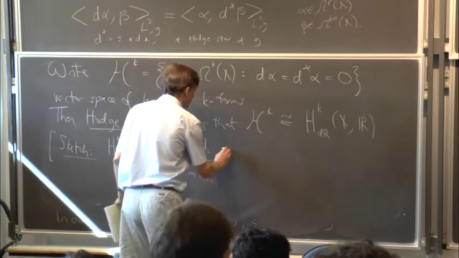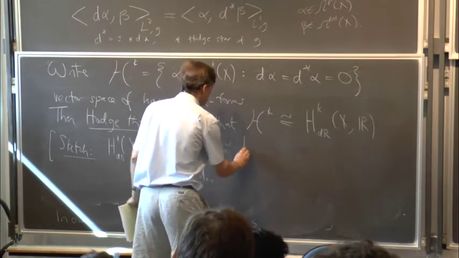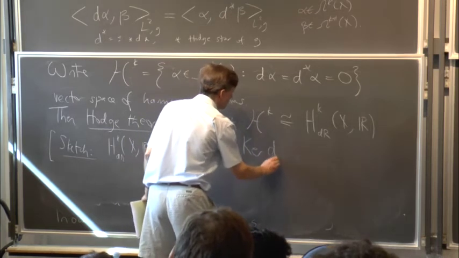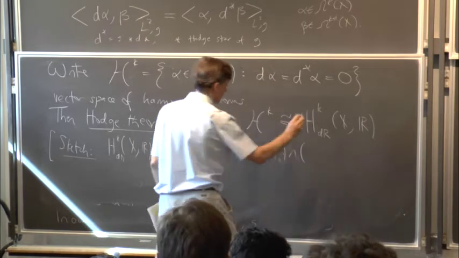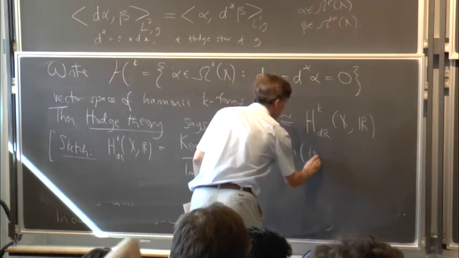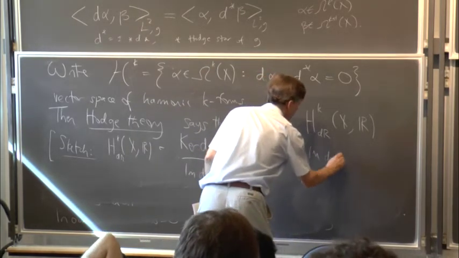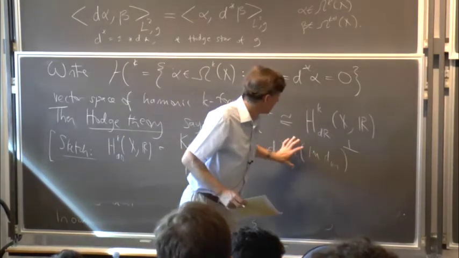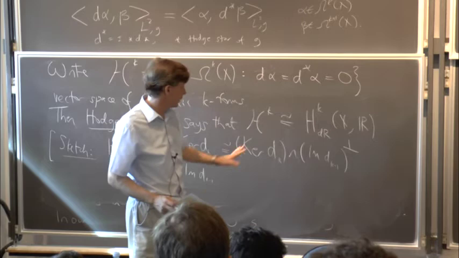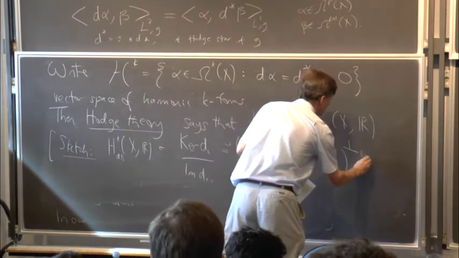This is isomorphic to the kernel of d_k intersected with the orthogonal subspace to the image of d, where this is the L2 orthogonal.